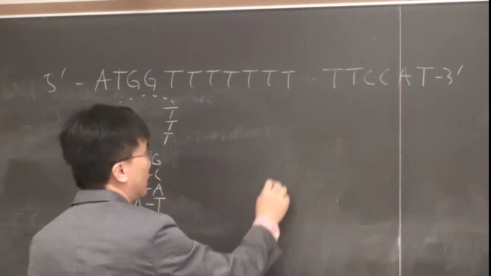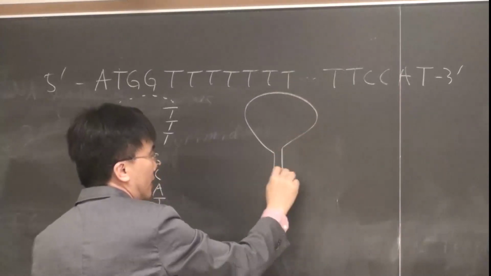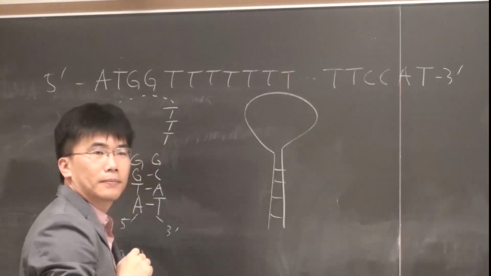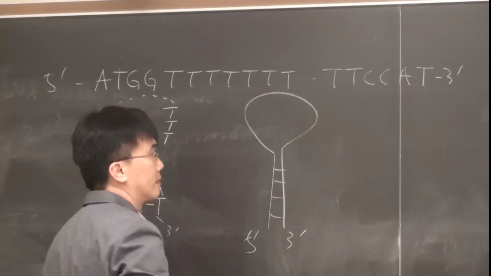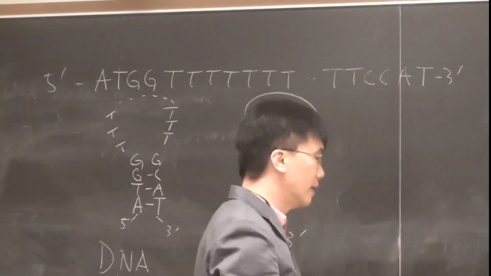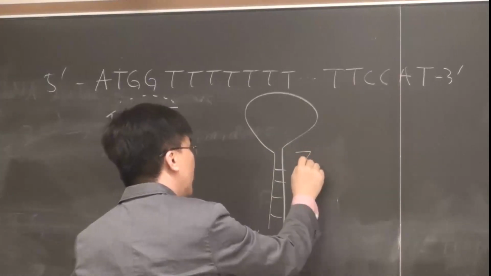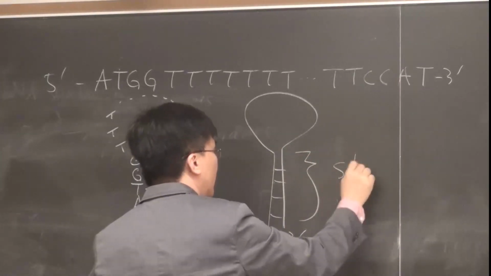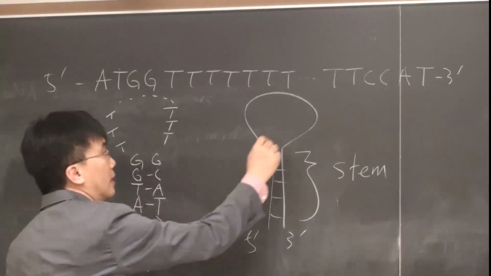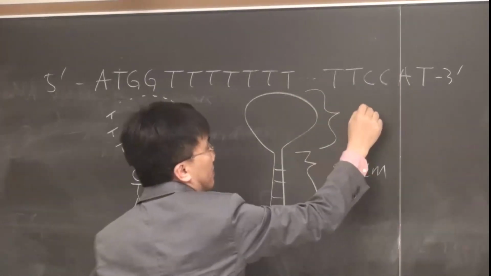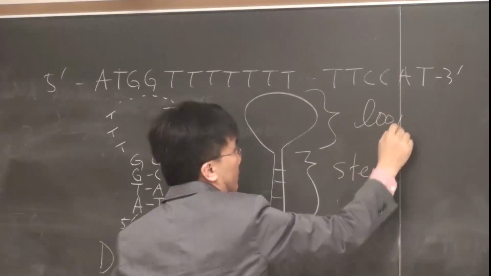So if you want, it kind of looks like that. This part is called the stem of the hairpin, and this part is called the loop.